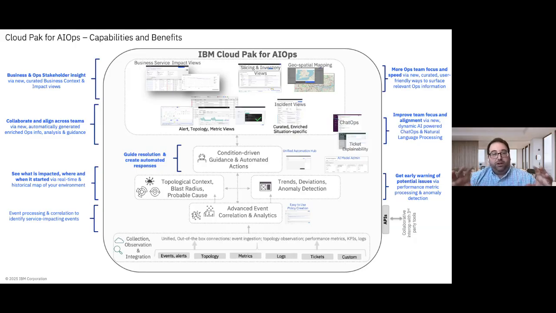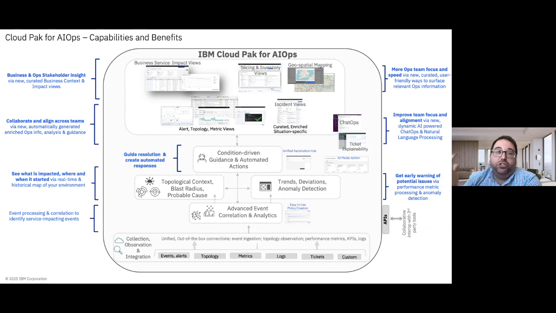Now, all of this in the middle layer gets fed into the top layer, which are those UI views that you can use in order to triage a problem and get remediation. You can see here, we give you the ability to see your topology, your alerts, and your metrics from within the platform.